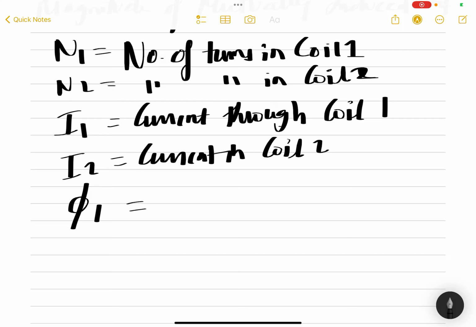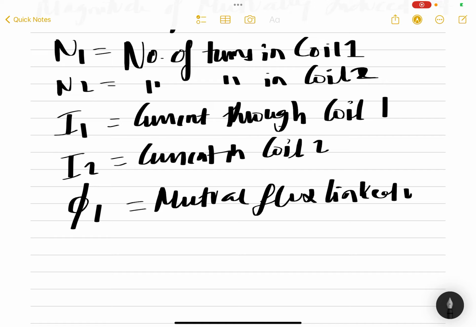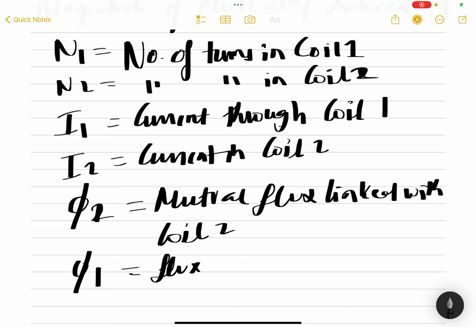Phi 2 is the mutual flux linked with coil 2.